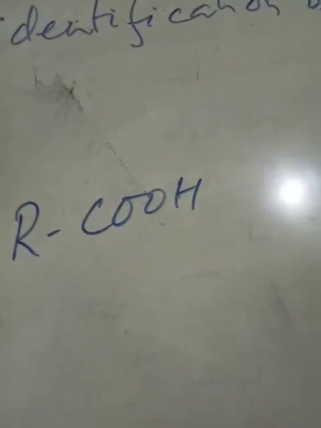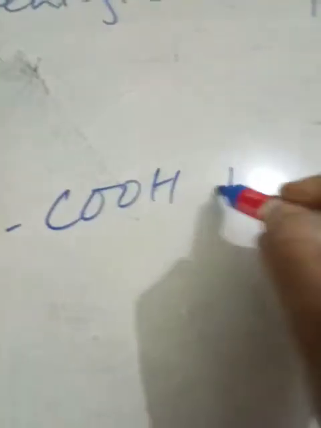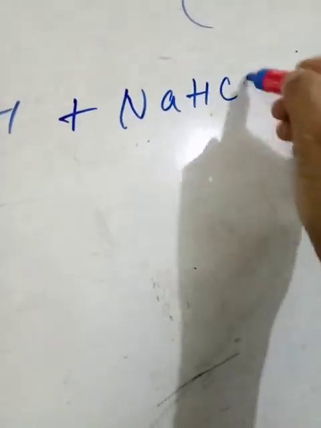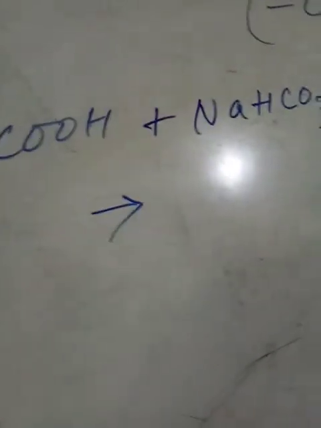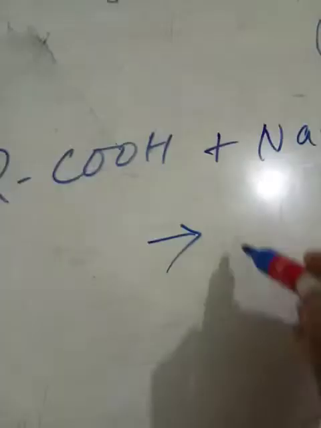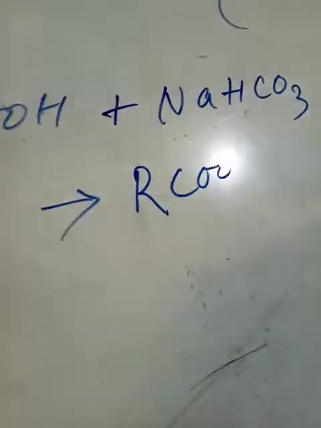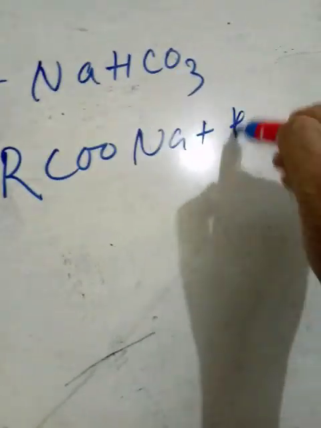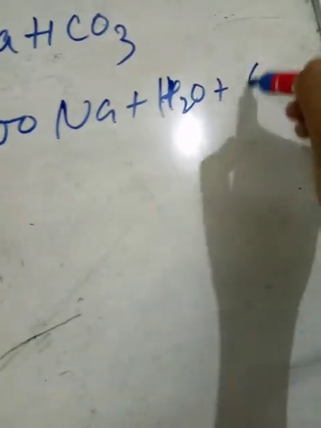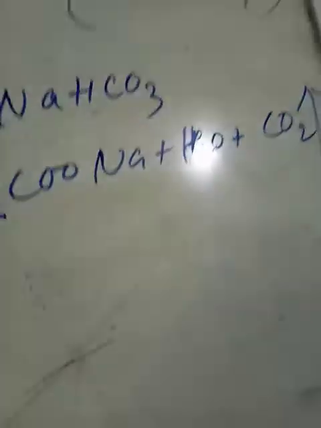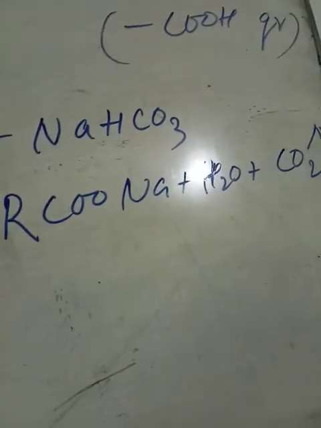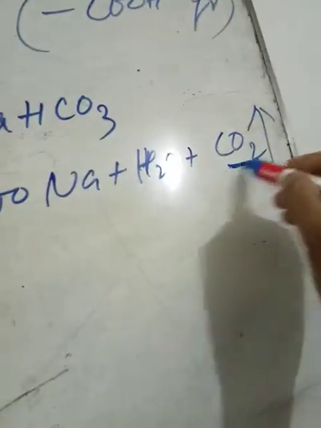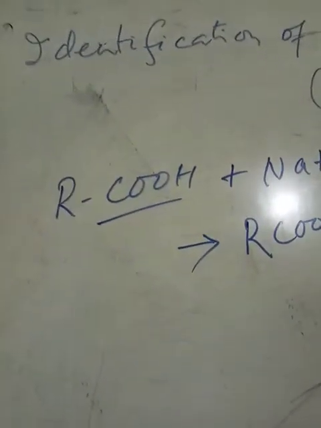If saturated solution of sodium bicarbonate is added, then evolution of carbon dioxide will be observed with the formation of sodium salt plus H2O plus carbon dioxide. So if evolution of carbon dioxide is observed, then you will confirm that this is an acid.